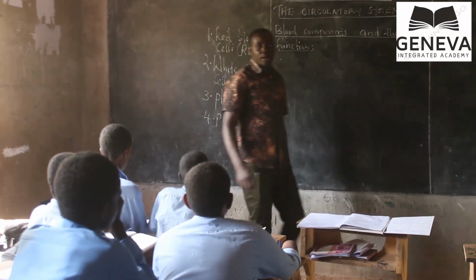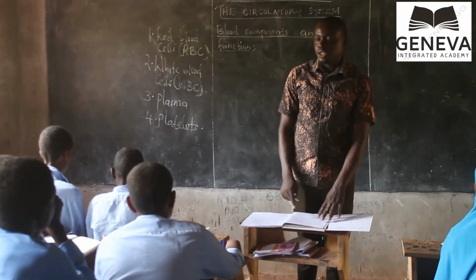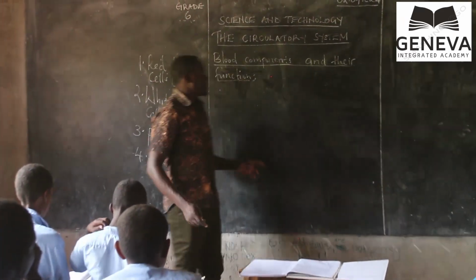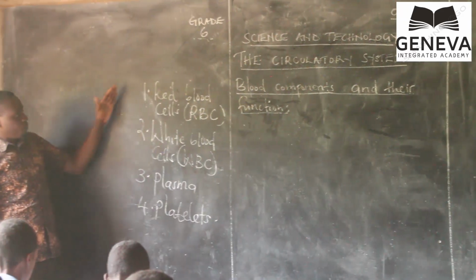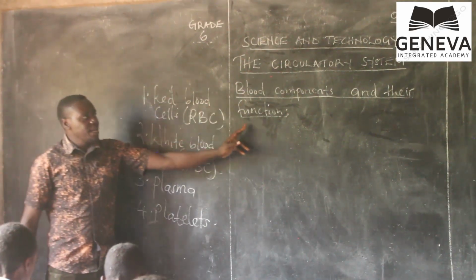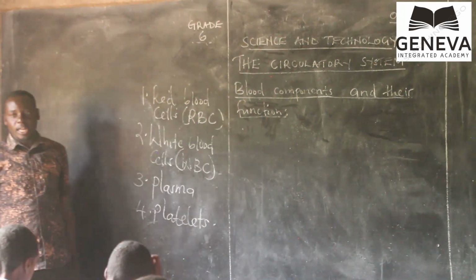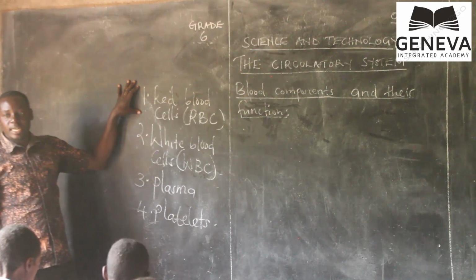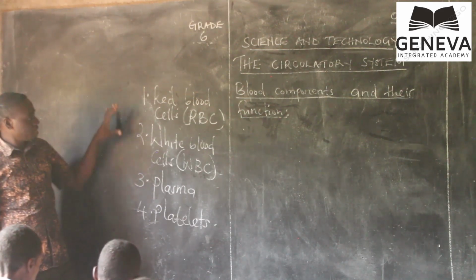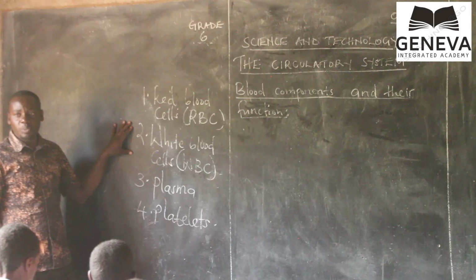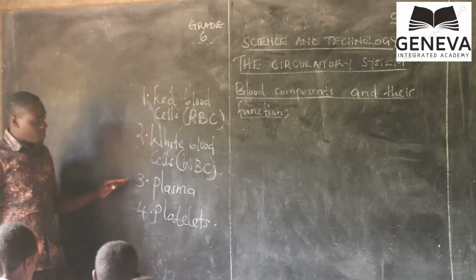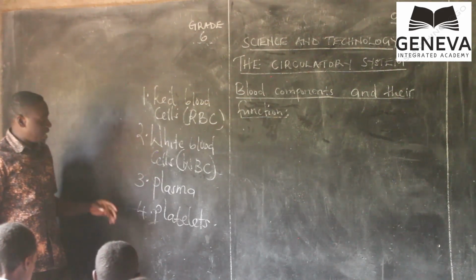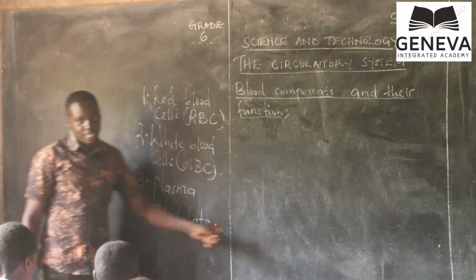Do you have another one? No. So in short, we can say there are 4 blood components. Number 1 is red blood cells. Number 2 is white blood cells. Number 3 is plasma. And number 4 is platelets.